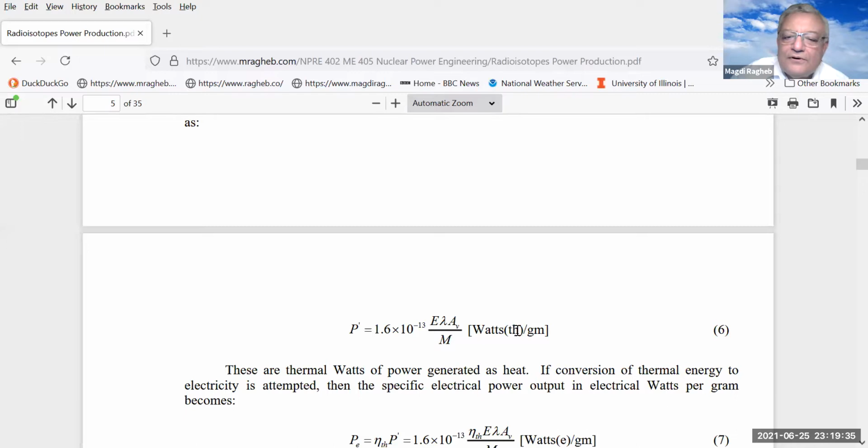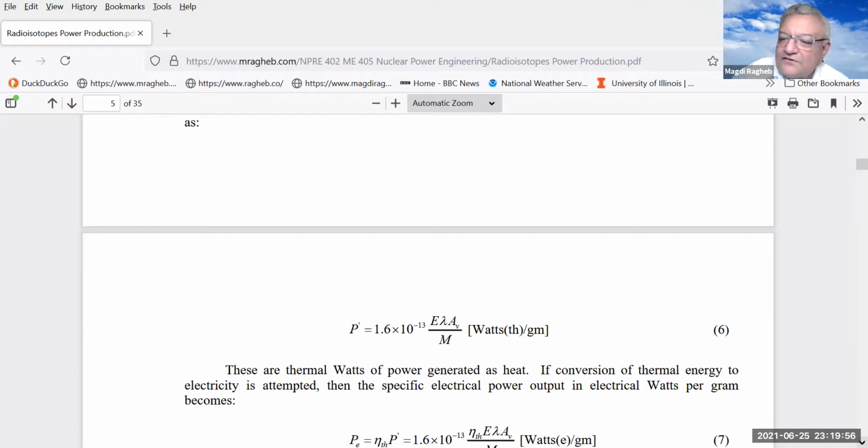Now these are, remember here, I have added here TH. TH stands for power that's in the form of heat. The alpha particle emissions heat up the isotope and can get it to glow red hot, as I've shown you in the photographs earlier. So in that case, you need to cool it.